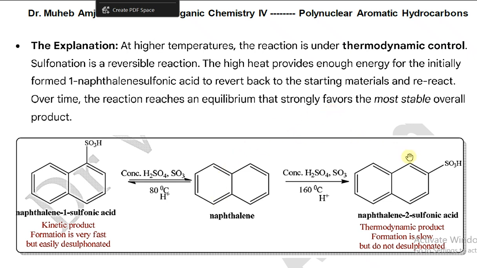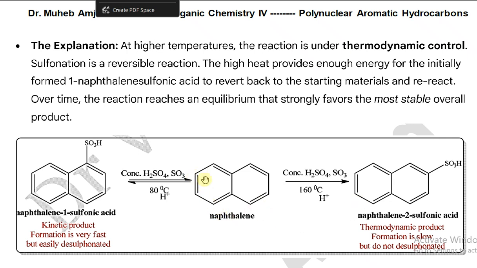So when the beta sulfonation happens at high temperature, it will not be reversible again to the starting material. It will not give you the starting material again. So the thermodynamic product formation is slow. This reaction is slow, and it doesn't desulfonate, meaning it doesn't go back to the starting material again.